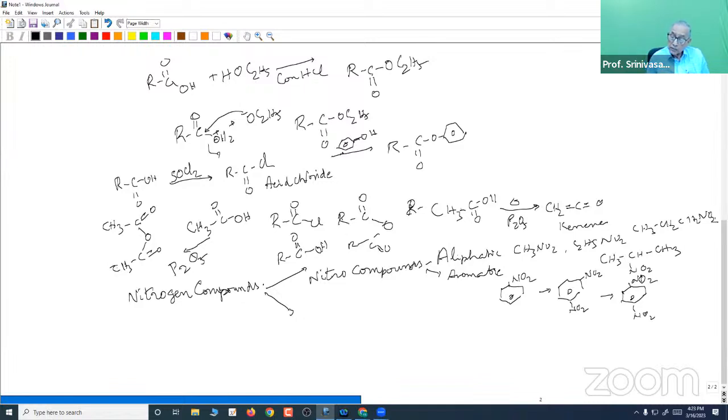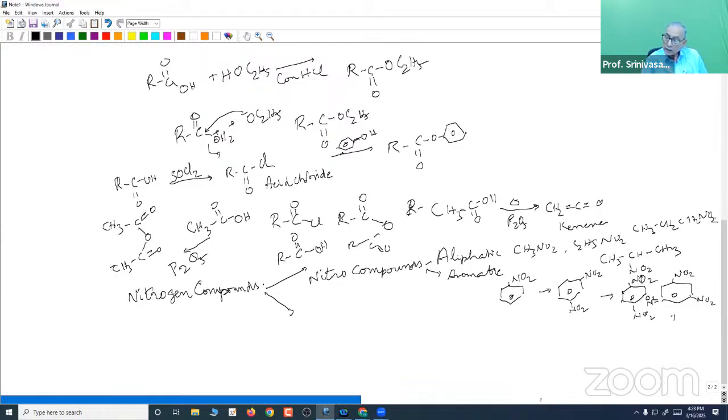Various other types of substitutions can be introduced. You can have, this is 1,3,5-trinitrobenzene.